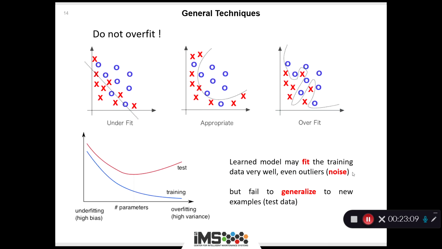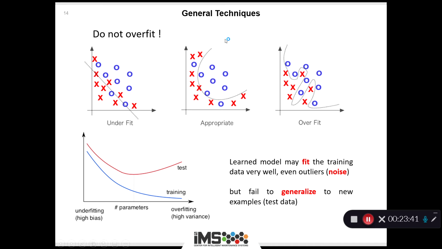One of the most important things in model training is the overfitting phenomenon. Overfitting is not good. For example, in this task, we are given the task of separating the blue circles and the red crosses. If we use the decision boundary like this, we underfit because there are many misclassifications here.